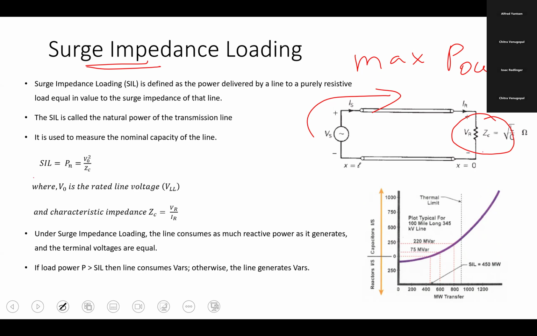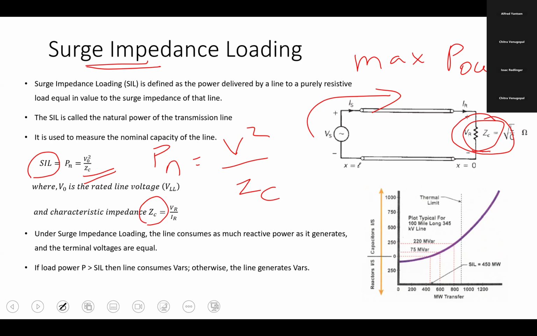So your surge impedance loading is given by the characteristic impedance ZC. The power transported with surge impedance loading is V squared over Z, where Z here is the characteristic impedance, because that's the only impedance we know.